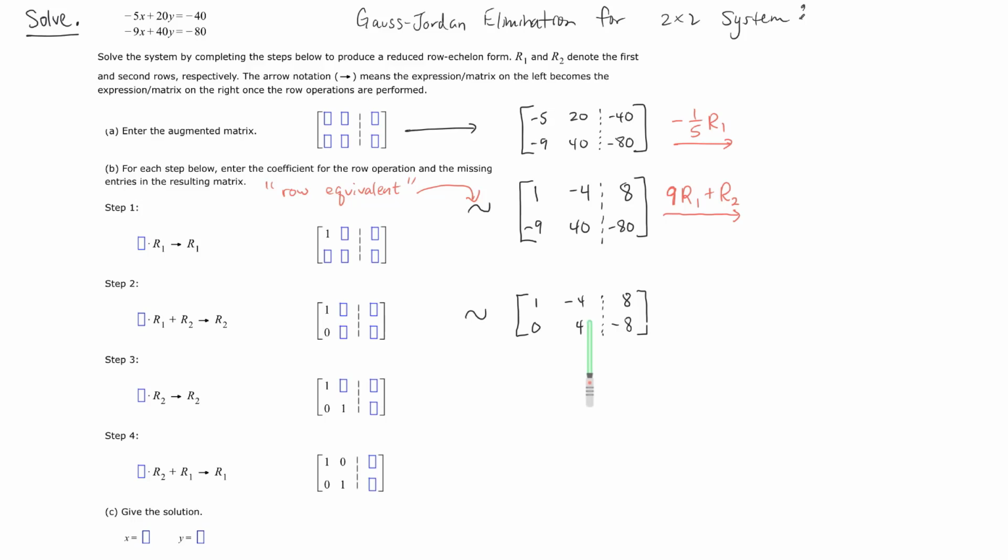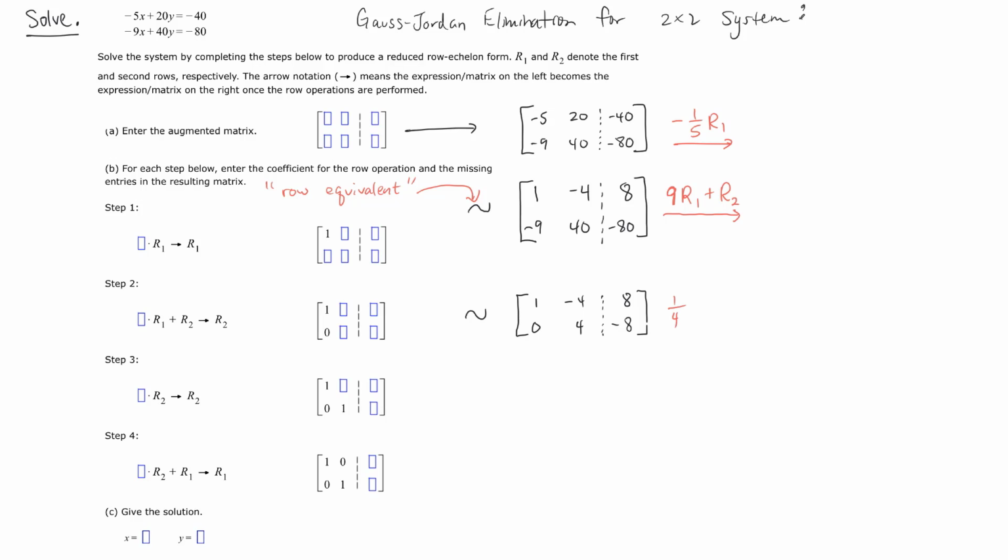Our goal now is to get this to be a leading 1 in row 2. We want this to be a leading 1. And how do we do that? How do we get this 4 to be a 1? What do you think? We've got to scalar multiply row 2. And what should we scale it by?